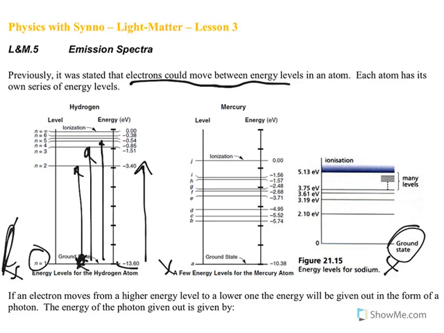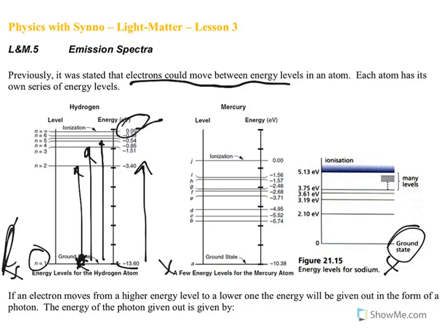It's the difference between those. Ionization, when we rip the electron out altogether, is up here, at an energy level of 0.